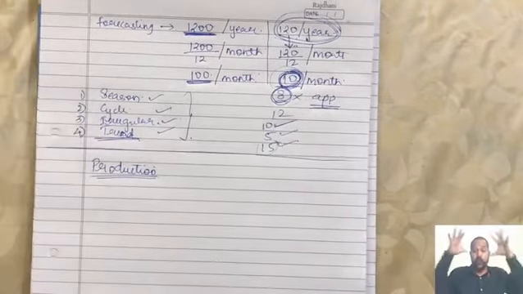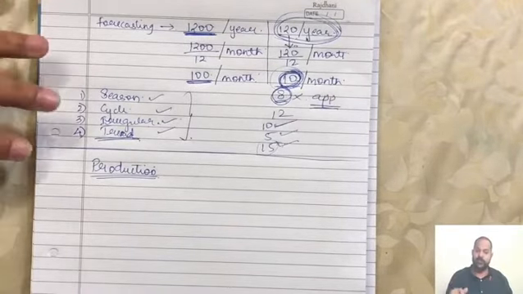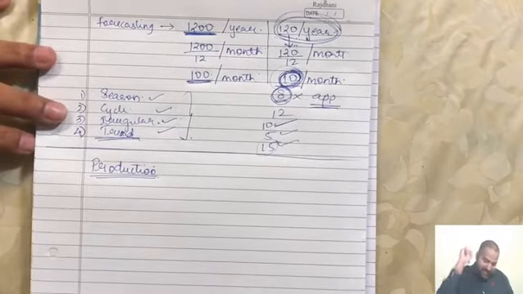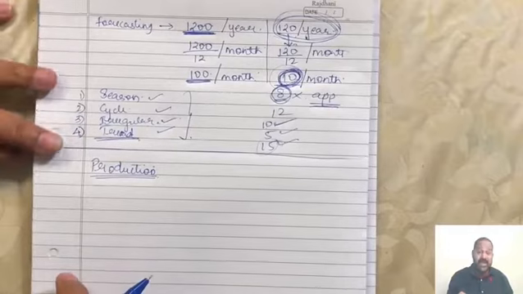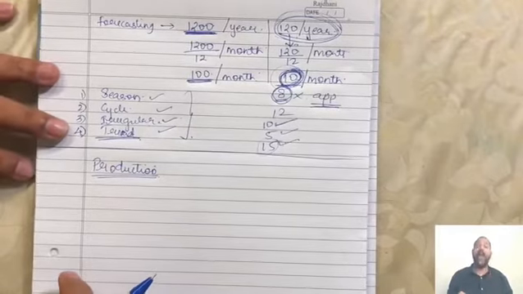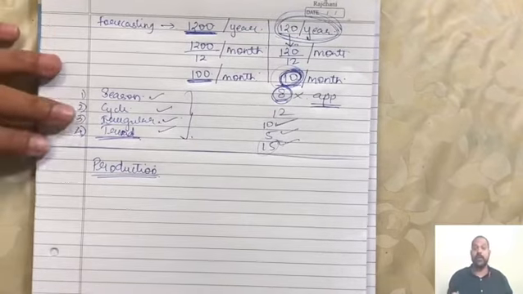Sometimes I have to reduce production, while sometimes I have to increase production. And that is exactly what we are going to do in aggregate planning. We are going to check when it is that we need to increase production and when it is that we need to decrease production.